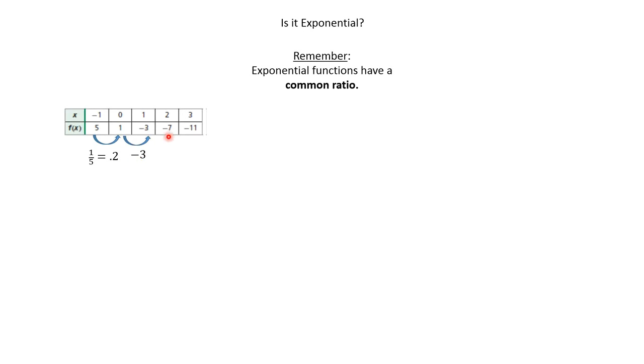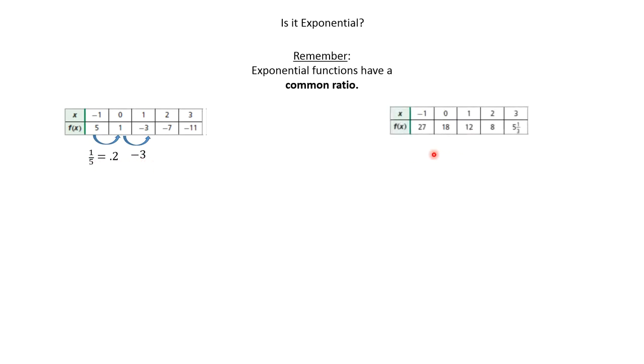And if we keep going, -7 divided by -3 is 7/3, which is neither of those. And then we'll have 11/7, which is none of the above. So this one is definitely not exponential. In fact, if we look at it, we're not multiplying, we're just subtracting 4. -4, -4, -4. This is actually a linear model. So we're looking for these ratios to be the same.